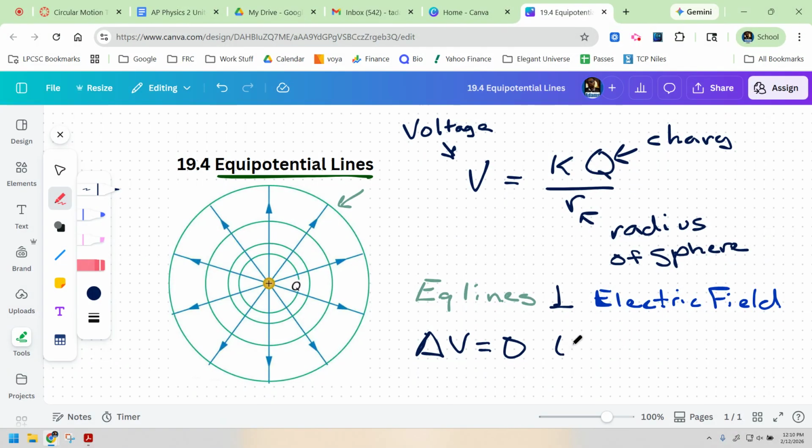And that's because no work to move charge along an equipotential. Okay.